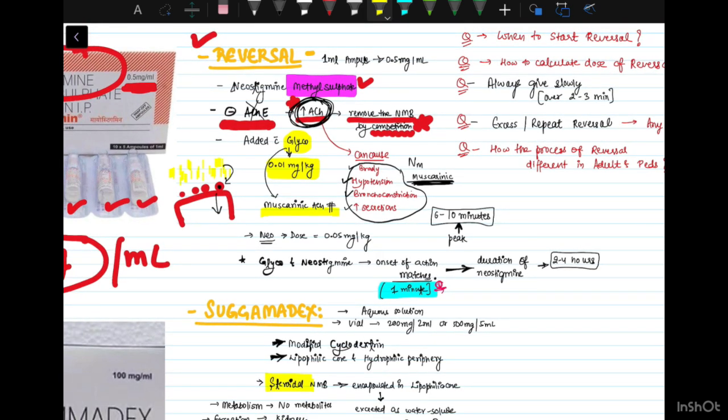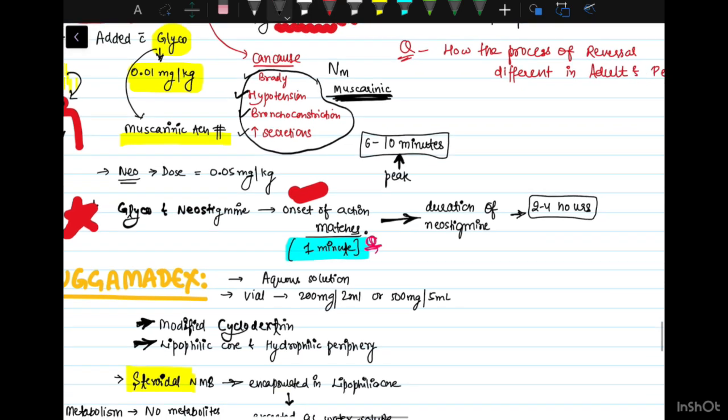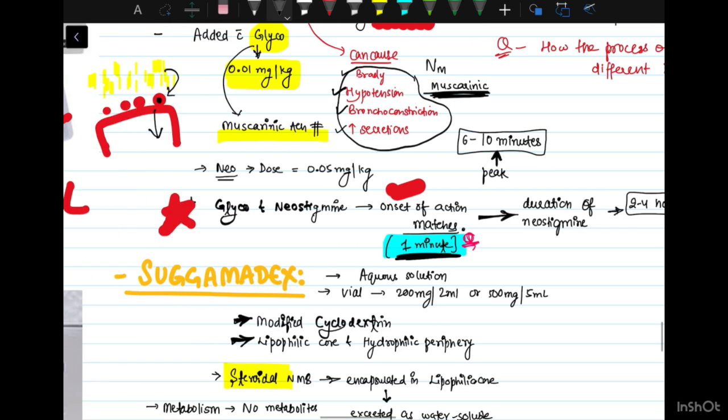But you may ask me, why only glycopyrrolate is usually added? Why not atropine? The reason is that the onset of action of neostigmine and glycopyrrolate is 1 minute. So they are going to act simultaneously, and that is why they are usually mixed. This 1 minute onset is the reason why glycopyrrolate is added with the neostigmine and not atropine.